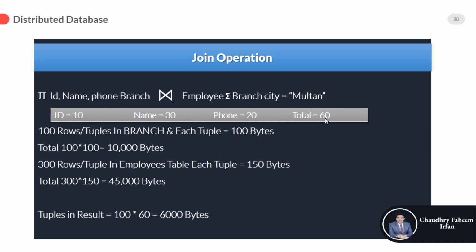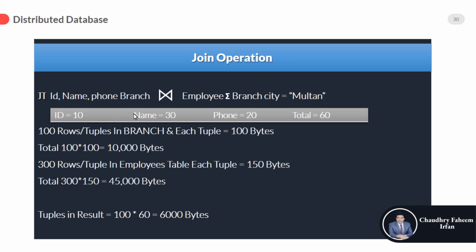I assume there are 100 rows or tuples in branch, and each tuple is 100 bytes. So 100 multiplied by 100 is 10,000 bytes.